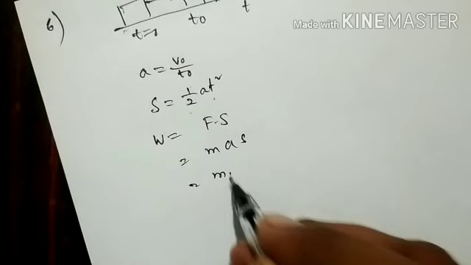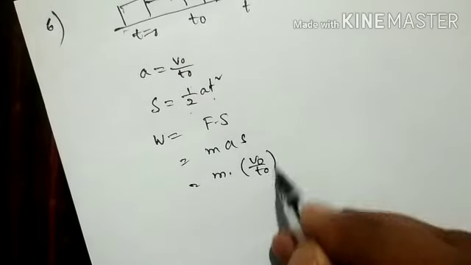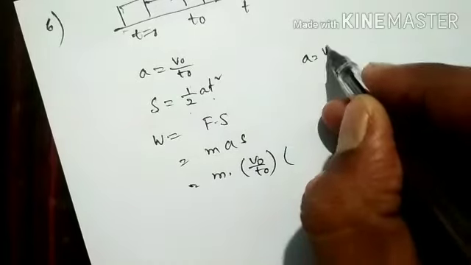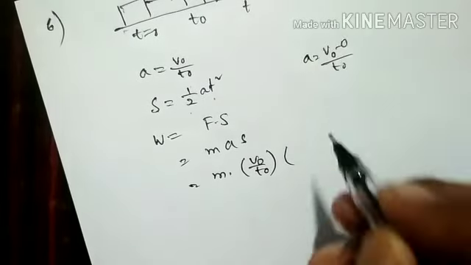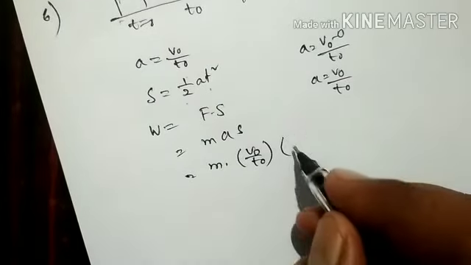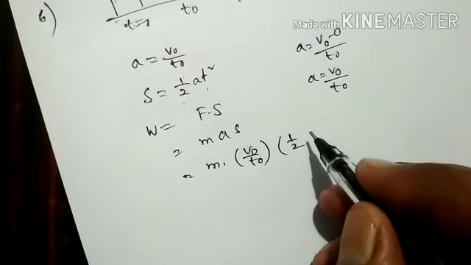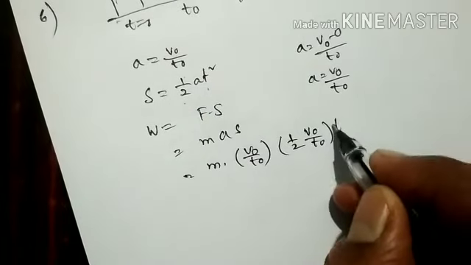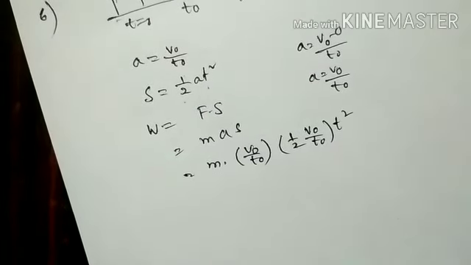Since it starts from rest, the acceleration a is equal to (v0 minus 0) by t0, or v0 by t0. So s is half of at square, that is half of v0 by t0 multiplied by t square.